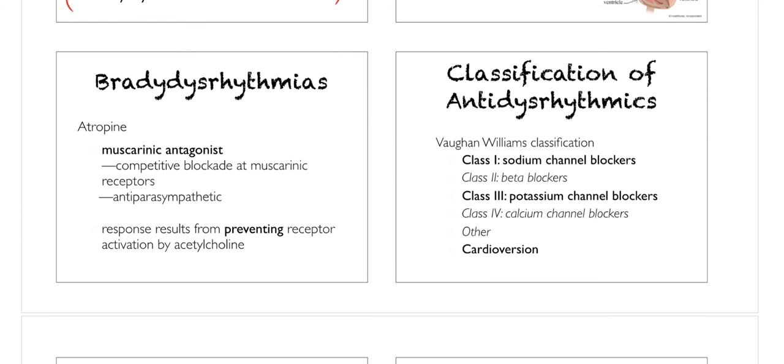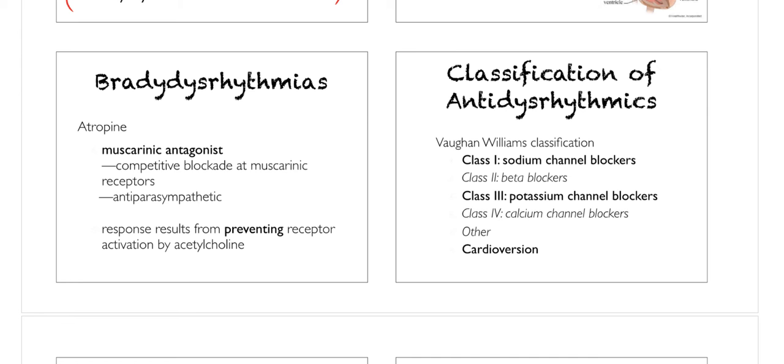For times when we might need to amp up the heart rate with a drug, we may use atropine. Atropine is a muscarinic antagonist, and muscarinic receptors are the receptors associated with the parasympathetic nervous system. These are the receptors that put us into rest and digest mode, so if these fire, they're going to make us more brady.